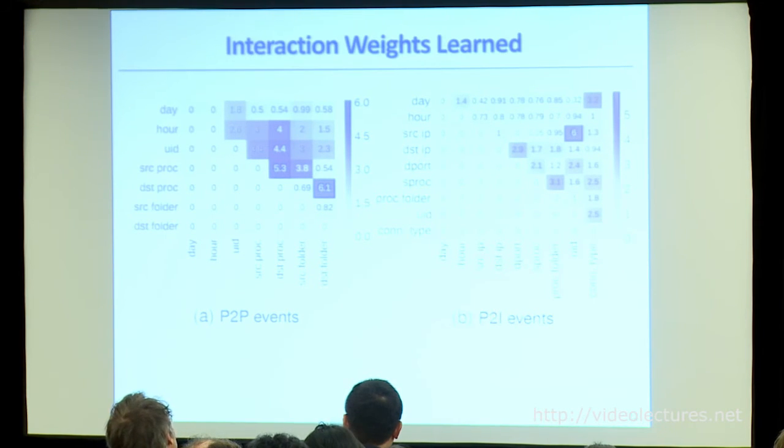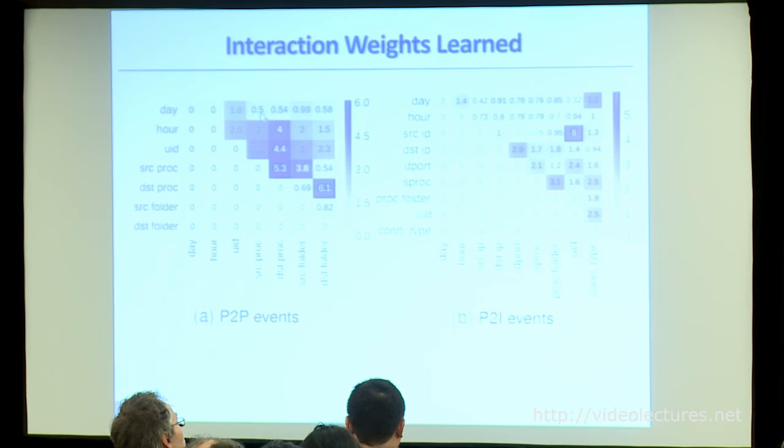It's also very intuitive: if a destination source tries to access a different folder, which usually is fixed, then we probably need to consider that there's something abnormal there. This is also a very interesting thing.